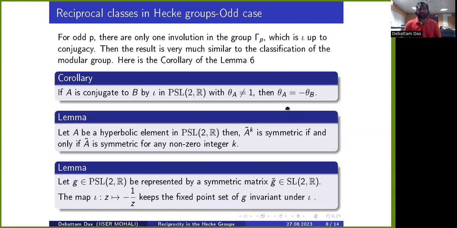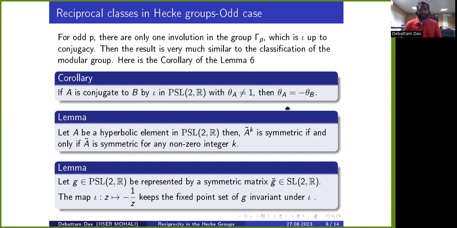So here is the corollary of the previous lemma: if A is conjugate to B by iota in PSL2R, then theta A equals minus theta B, where theta A is not equal to 1.